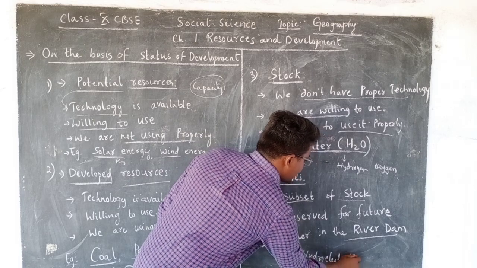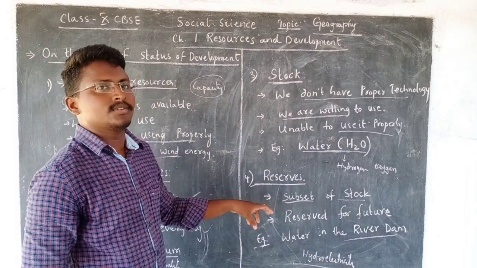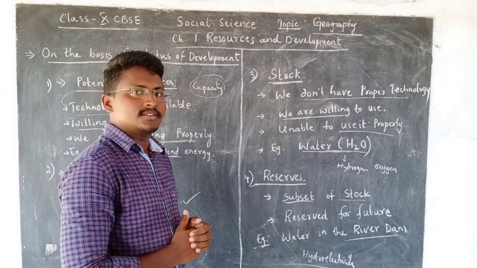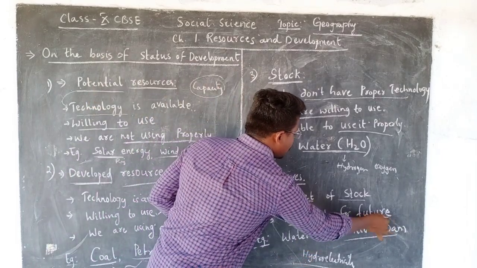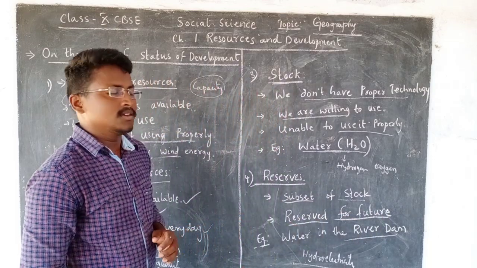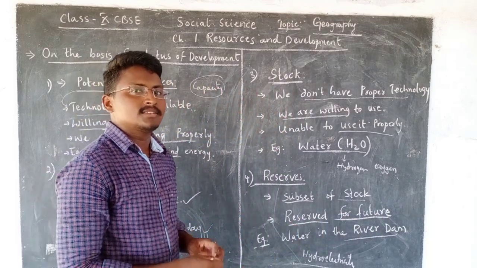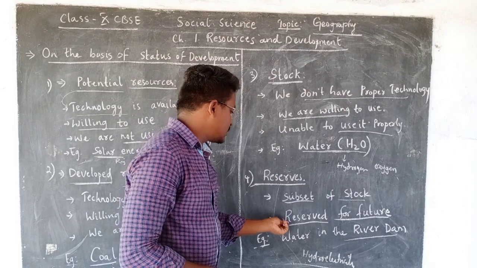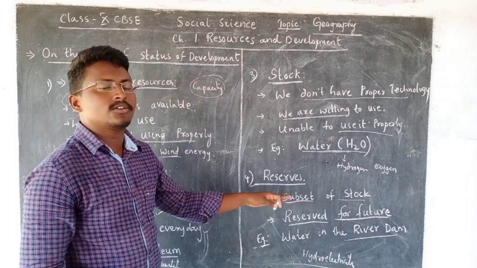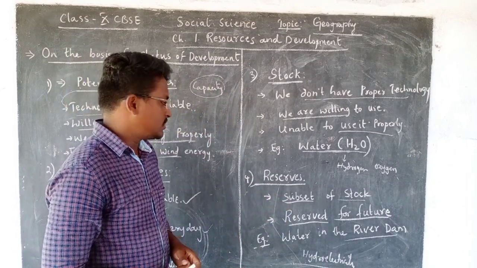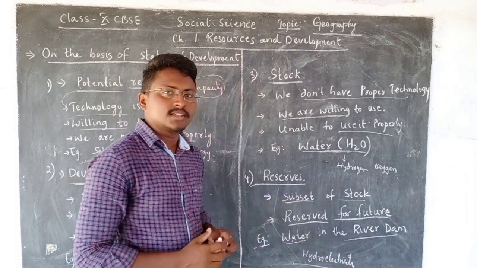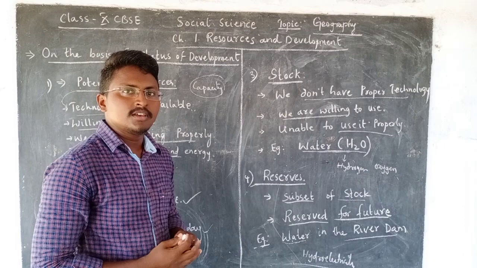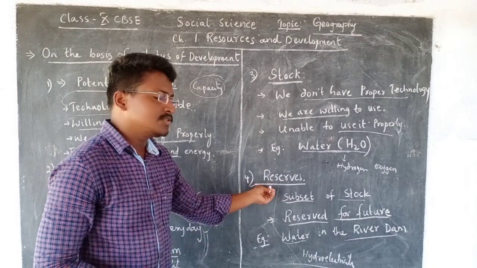But we are not using all these river dams for generating hydroelectricity. Why? Because these resources are reserved for future purposes. That means for our coming generations, we are saving these resources and we are not using them in the present day situation. So those resources which are reserved for future purposes, we call reserves, which are also a subset of stock.